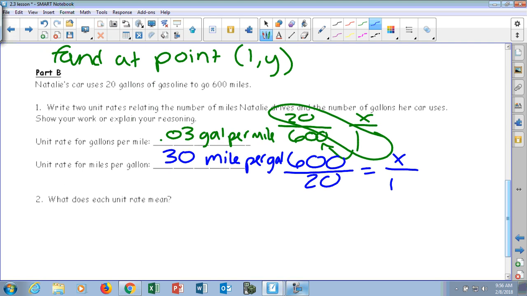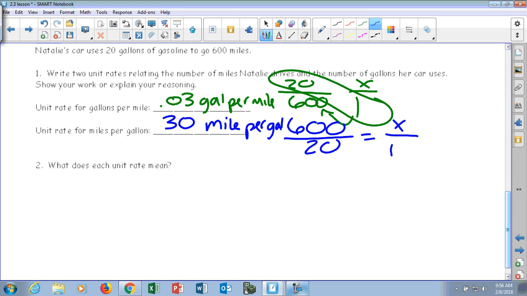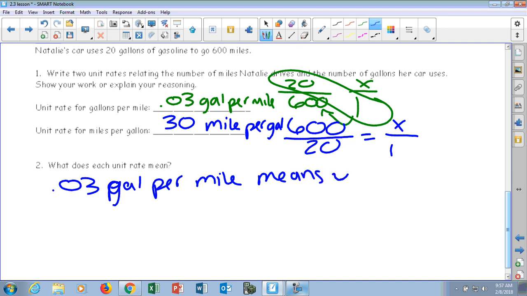What does each unit rate mean? What does the unit rate mean, Robert? Yeah, which what did we say it was? Based on those two. Sorry? Yep. So 0.03 gallons per mile means you get 0.03 gallons for every mile.